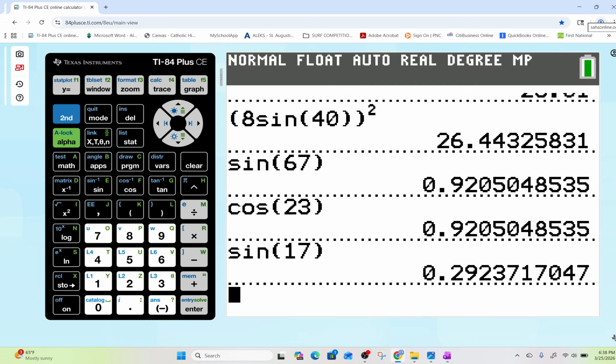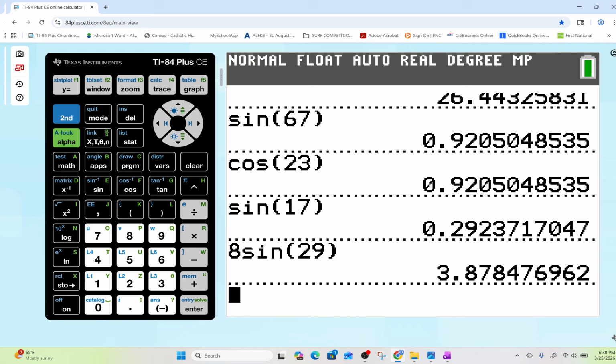So we have 8, and that was times the sine of, my notes here say 29, okay? And that's going to give me that number, 0.38748. Now, what I can do here is if I just hit divide right now, it's going to already grab that previous answer, okay? And I'll show you guys another way to grab that answer too.